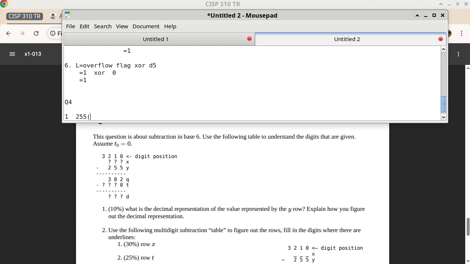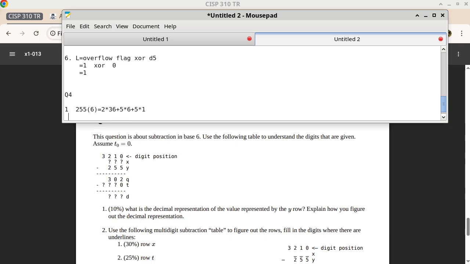So 255 in base 6 is 2 times 36 plus 2 times 6 plus 5. You can spell it out using powers of 6, but if you just tell me 36, 6, and 1 are the things that you multiply each digit by, that's okay. I don't have a problem with that.